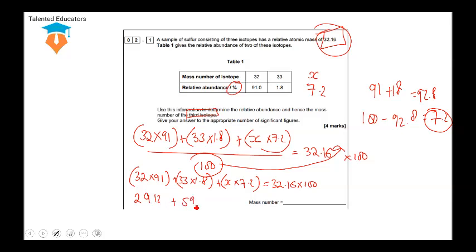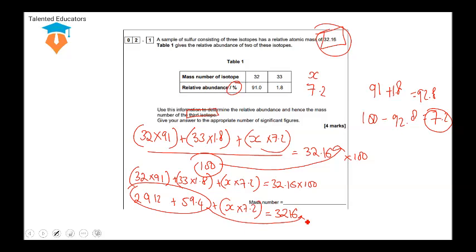Add 59.4, which is 33 times 1.8. Obviously we can't put X in a calculator, so that stays as X times 7.2 equals 32.16 times 100. Put that in a calculator, should give you 3,216.